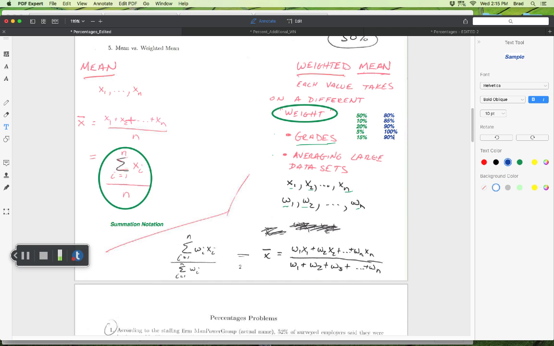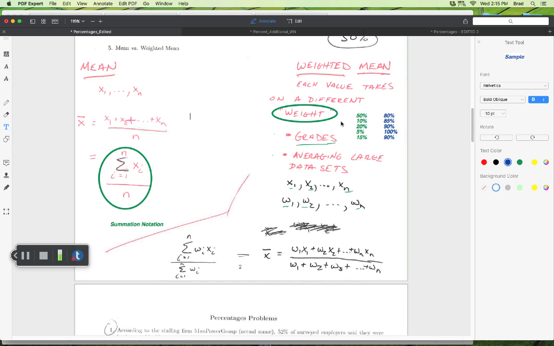Well, the question is, what's your final grade? What's the final average throughout your course? Well, this 80% has a weight of 50, or 0.5, as we would often say.